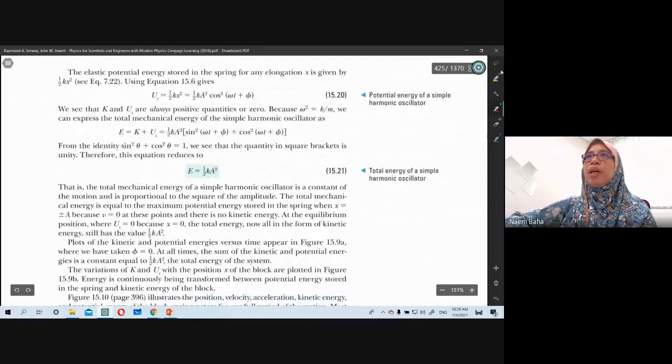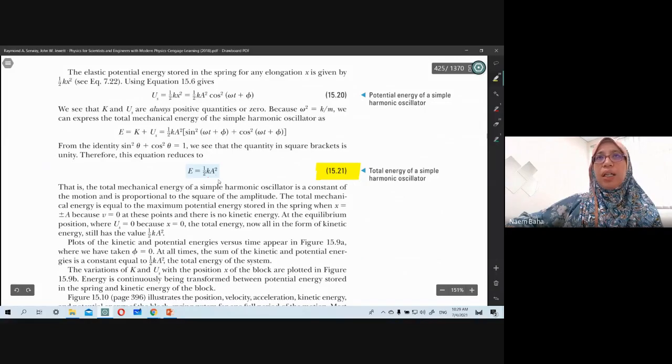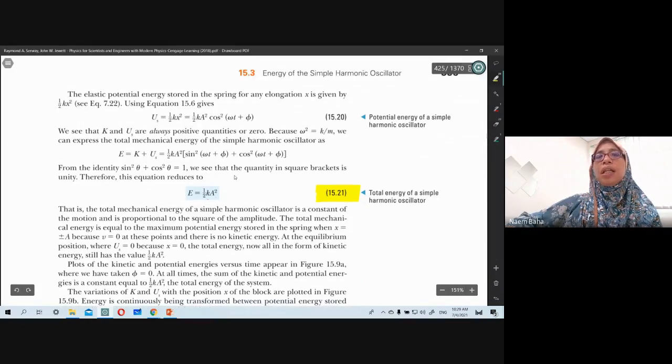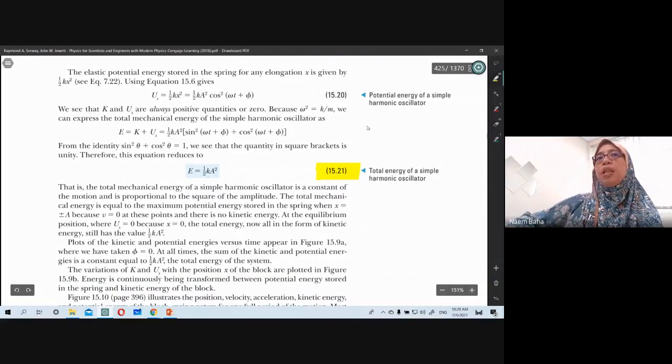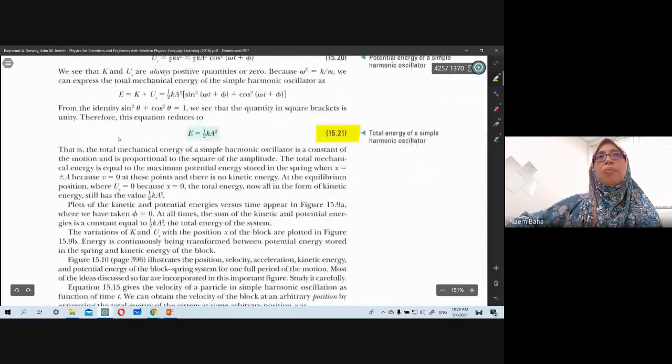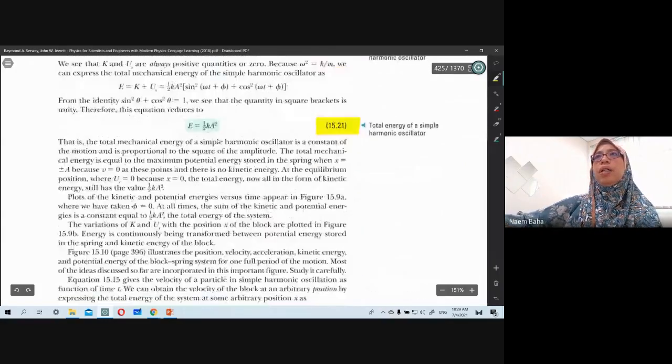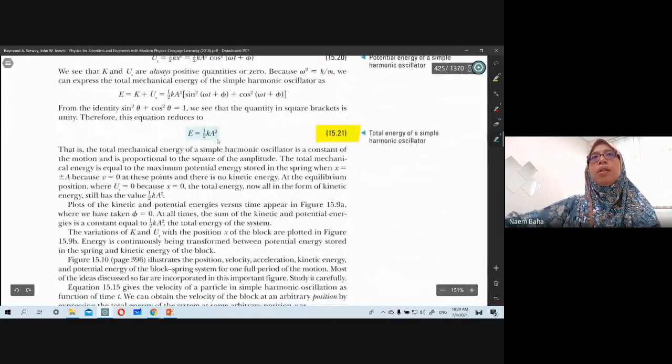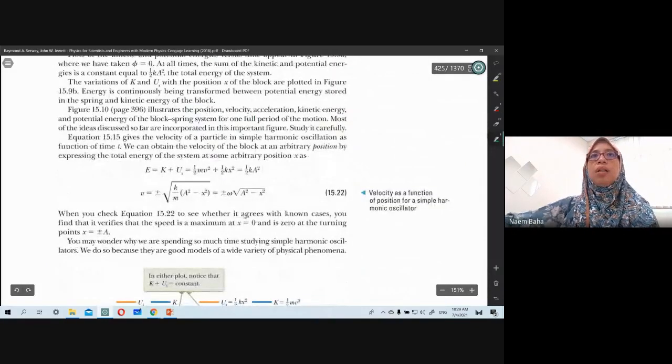I'll straight away focus on the main issue. Okay, not derivation. Now, the energy can be written in 3 forms. This is number 1. This is number 2.